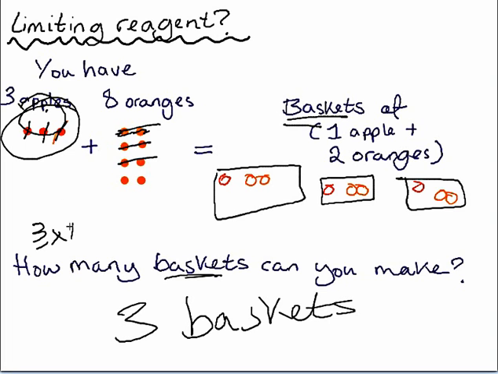The question's asking how many baskets can you make, right? If you have 3 apples, how many baskets can you make if the baskets need 1 apple each? 3 baskets. So you know this connection between the limiting reagent and the question. You forget about the oranges. They don't even matter because they're not the limiting reagent. There are extra oranges, so it doesn't matter. Okay, so that's what we're going to do here.